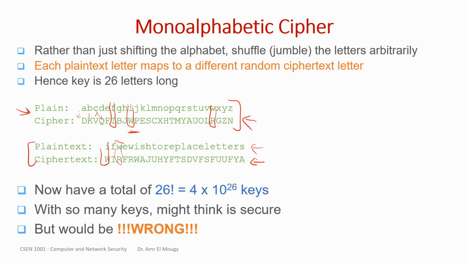We're no longer able to do brute force. And even though it is true that the brute force attack would be unlikely to succeed against the monoalphabetic cipher due to the very large key space, we are still not safe. We're not protected. Why? Because there is actually another type of attack that can succeed easily, with little effort, against the monoalphabetic cipher.